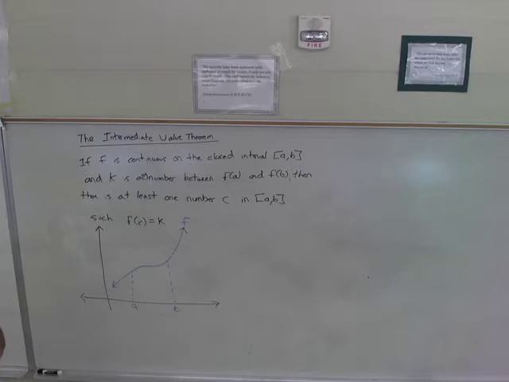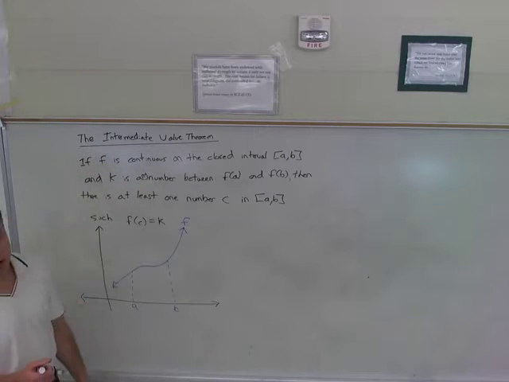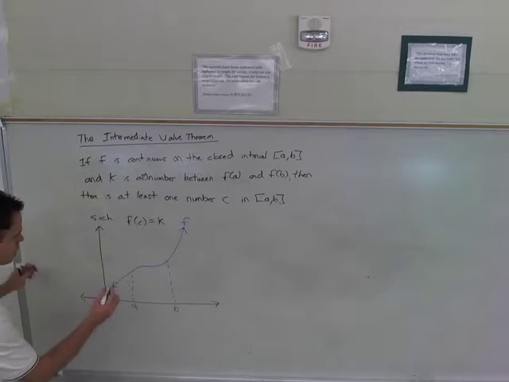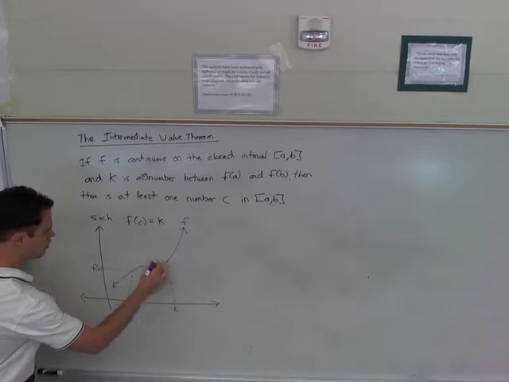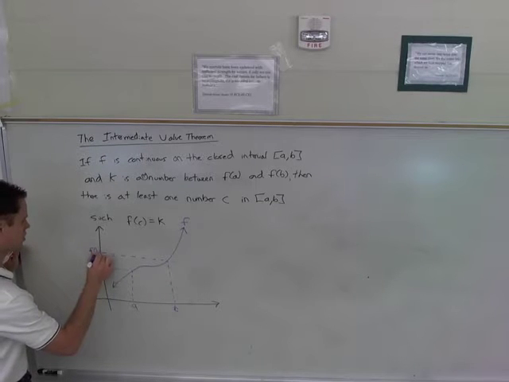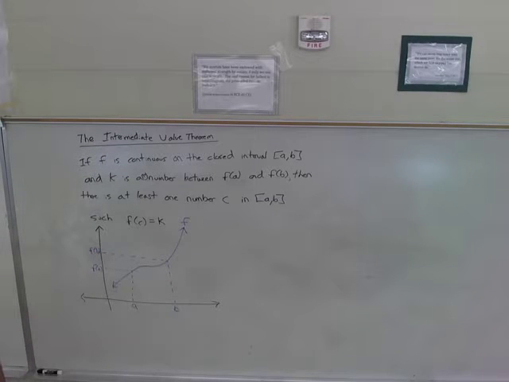Okay, so we've got that it's continuous, and it says k is any number between f of a and f of b. Let's find f of a and f of b on our picture. There's f of a, there's f of b, right? It says if k is any number between them. K could be anything in here.